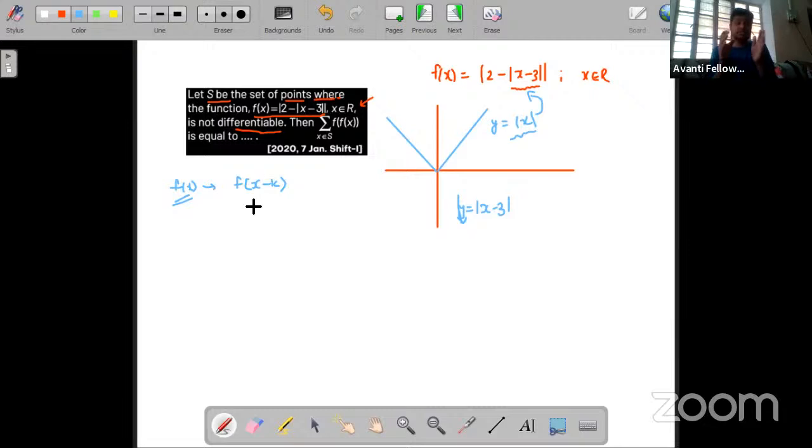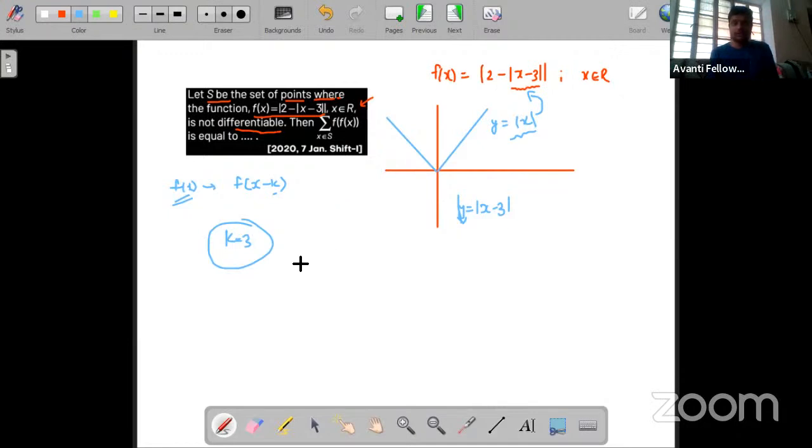And which side, left or right? Sir, it depends on k, whether it is positive or negative. Here in this case, k is equal to 3. So k is positive. That means we have to move to the right side. And if k is negative, then we have to move to the left side. I hope this is clear.